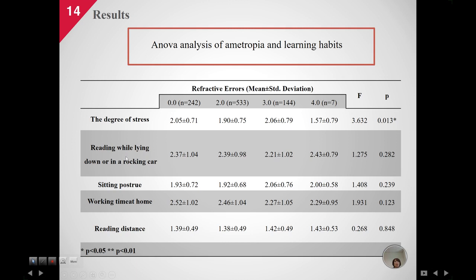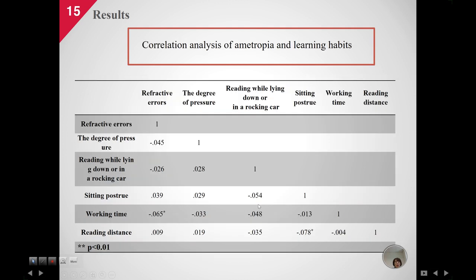Let's look at the correlation between learning habits and ametropia. You can see the degree tests and reading symptoms. This shows a correlation analysis of whether ametropia and learning habits are correlated or not.